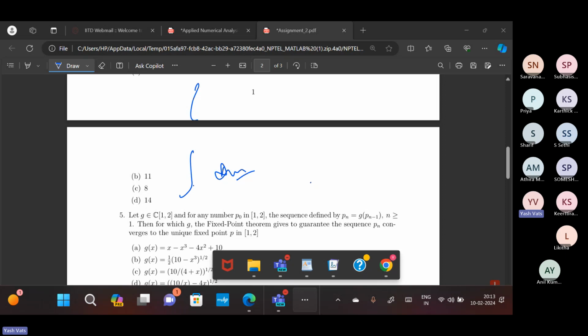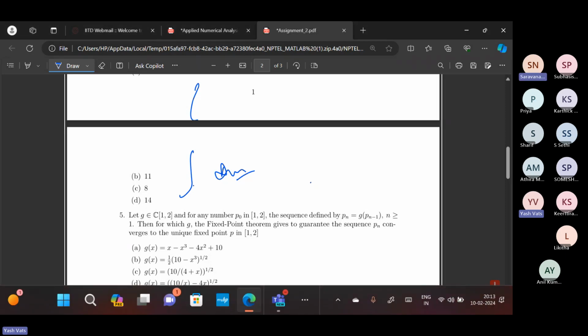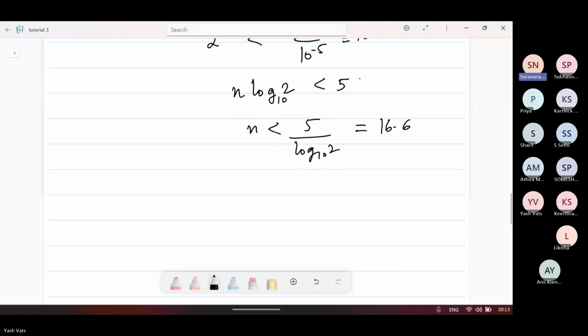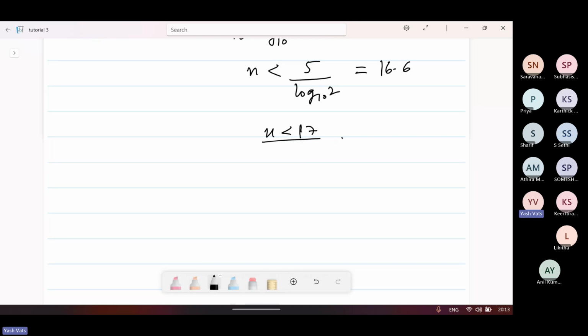Since iterations can't be fractional, 17 should be right. Any bound greater than or equal to 17 will work.